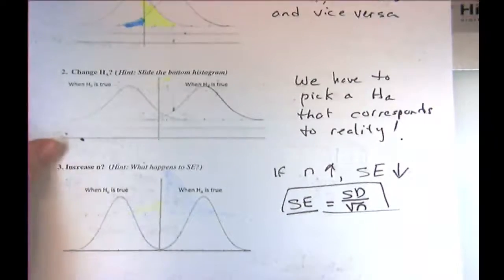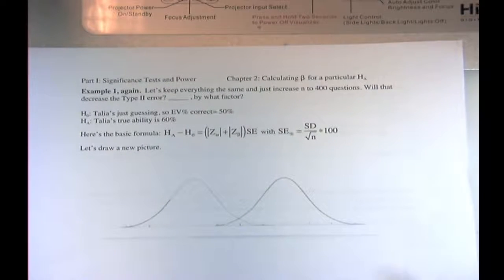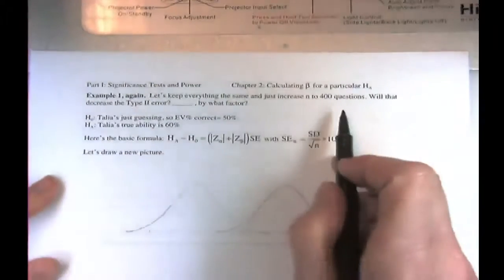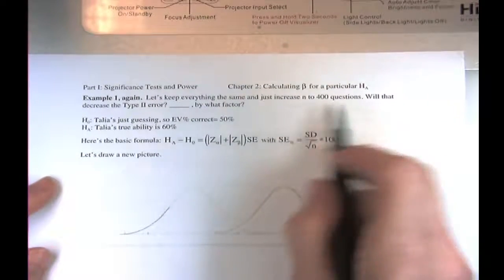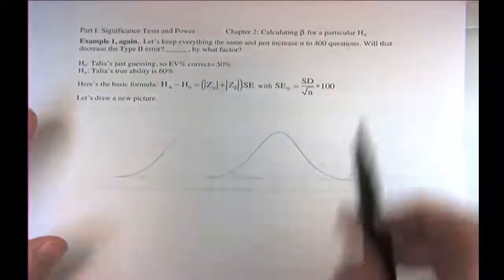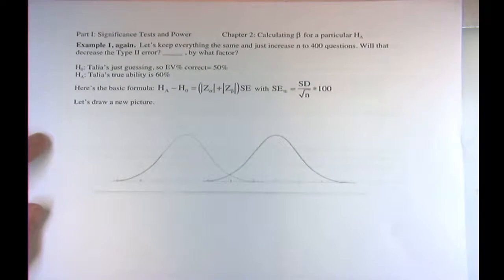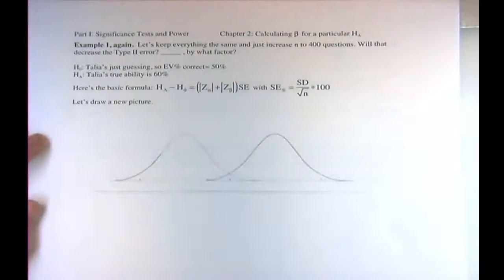So let's go to the next page, page 7, and keep everything the same and just increase our sample size, which means I'm going to ask her 400 questions. Let's just do that and see what happens. As you can see, when you have a bigger sample size, it's a lot more trouble to do a big experiment, and it's going to take a long time to ask her 400 questions.